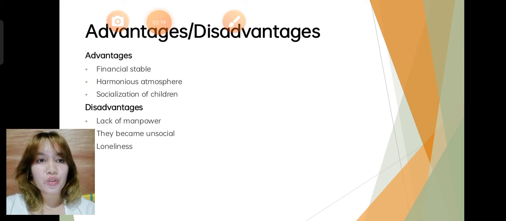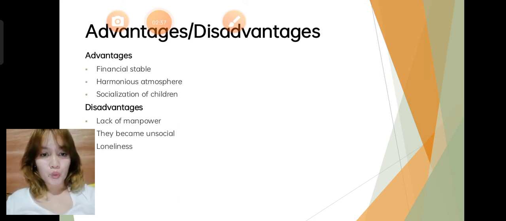Children become closer to their parents and can discuss their thoughts frankly and freely. The parents are responsible for their children, and both husband and wife share responsibilities mutually.